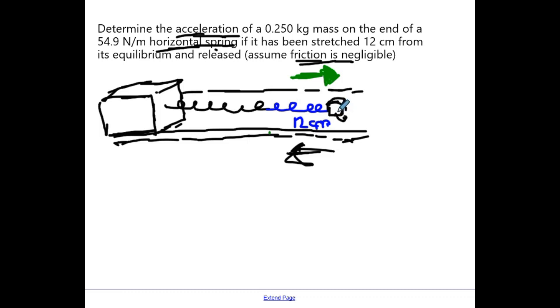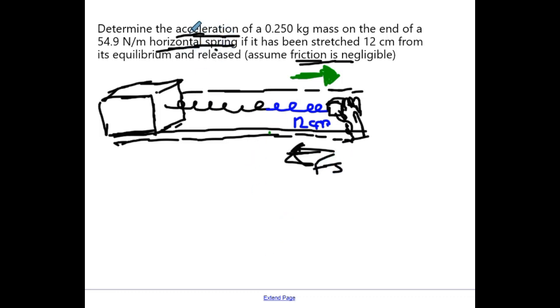And so if this was my hand, and my hand is holding this object right here, that's really the green arrow, right? My hand is pulling the object out, but the restoring force wants to fling it back the opposite direction.